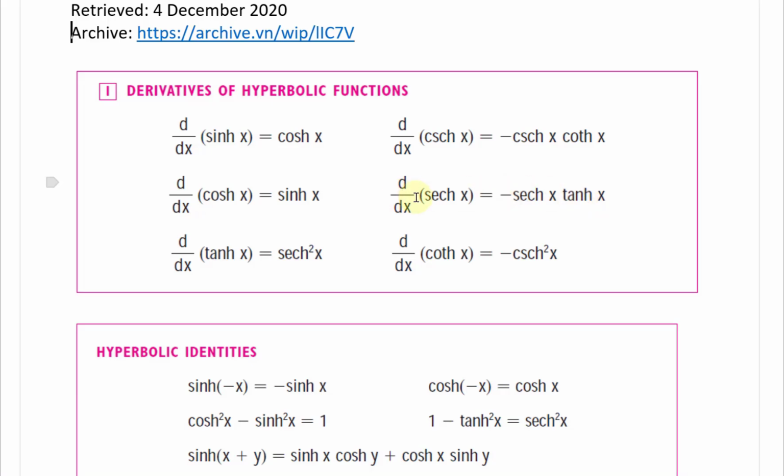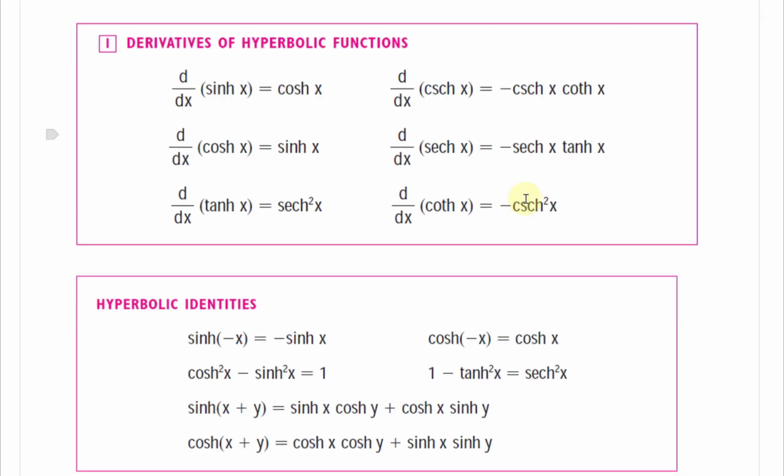I'm not trying to pronounce it properly, so I'm just going to call it hyperbolic secant. The derivative of hyperbolic secant is equal to negative hyperbolic secant times hyperbolic tangent.